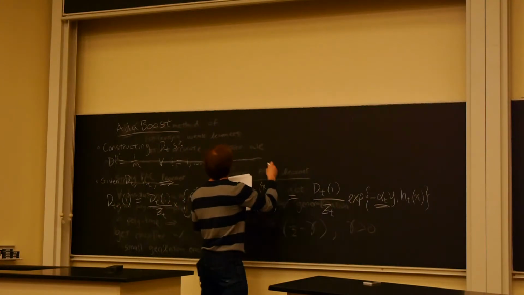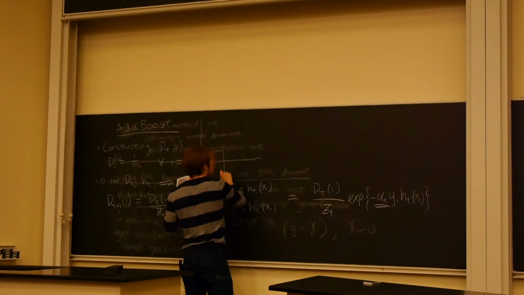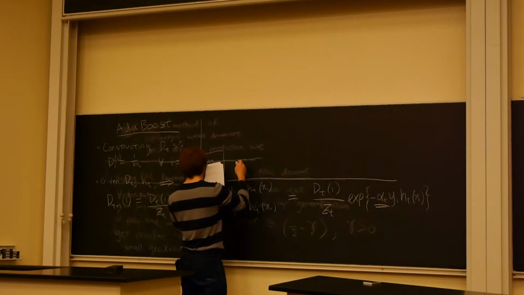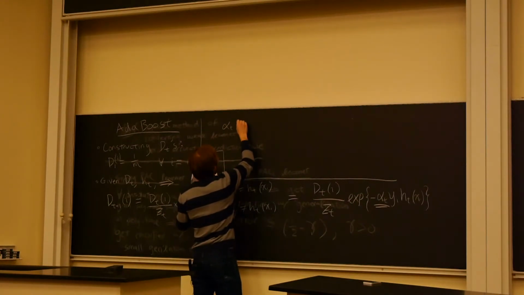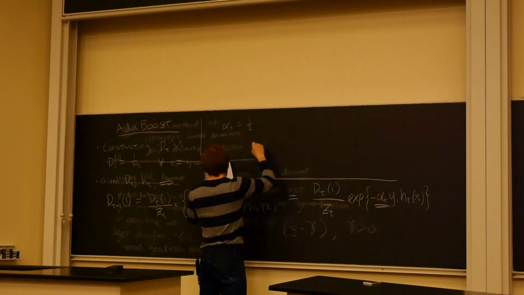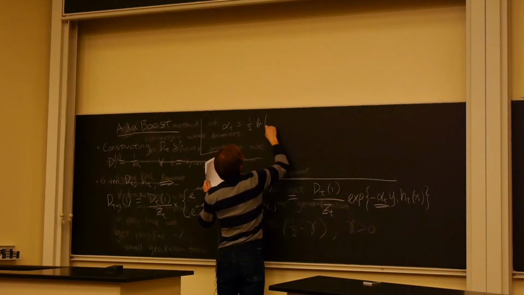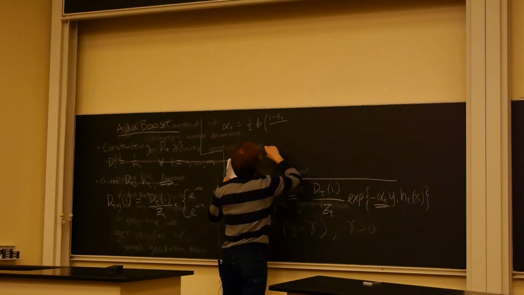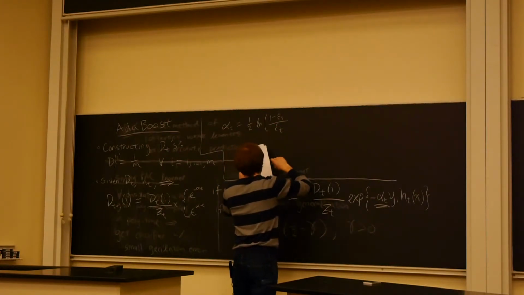We'll define alpha sub t as the following. One half of the log of 1 minus epsilon t over epsilon t.